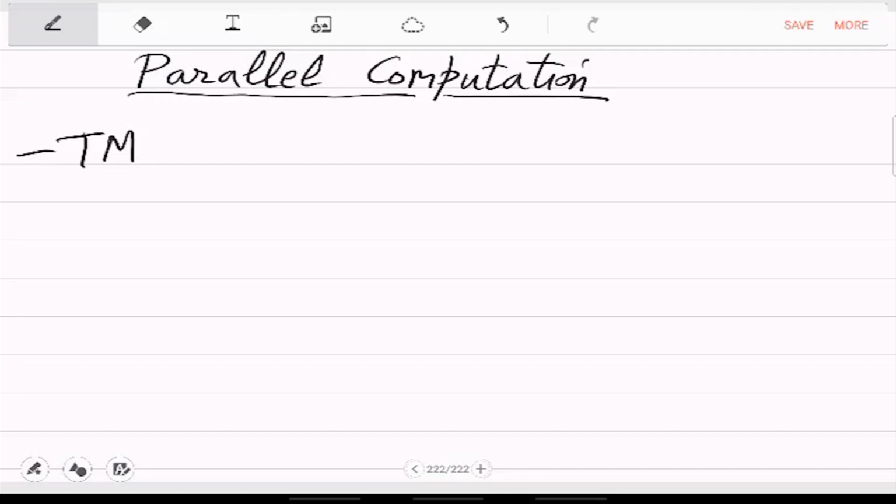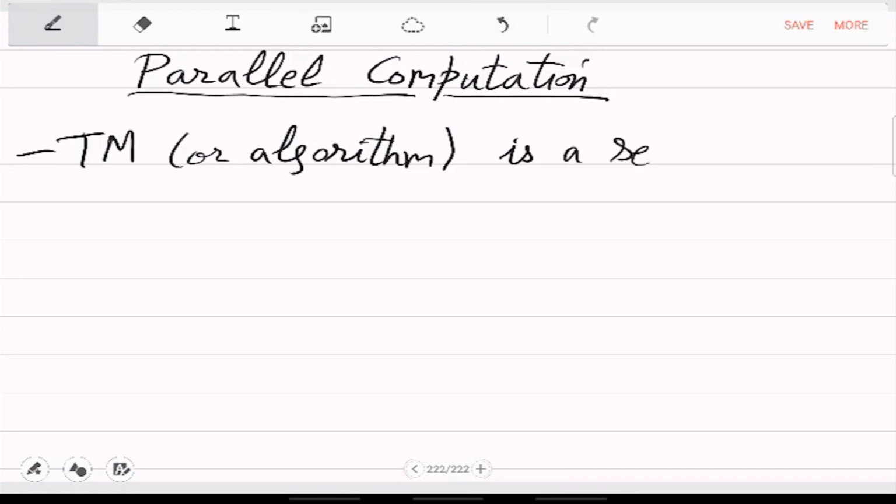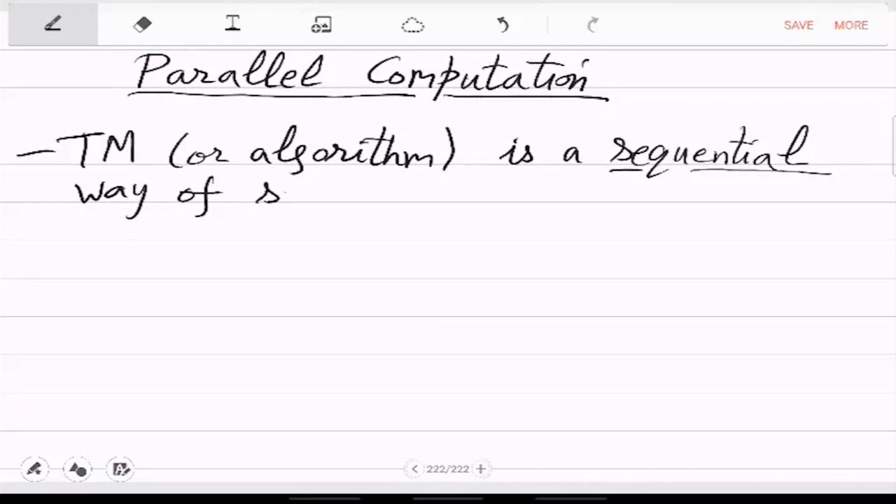So, a Turing machine or algorithm is a sequential way of solving a problem.